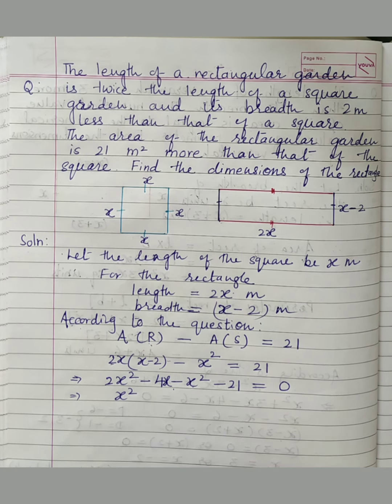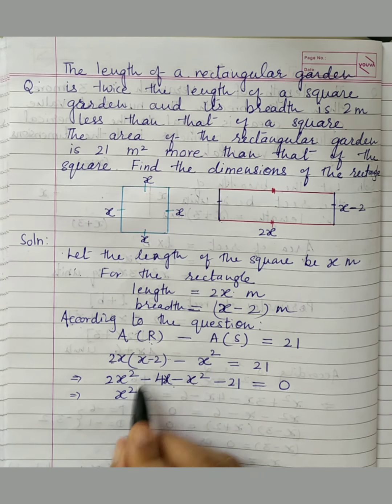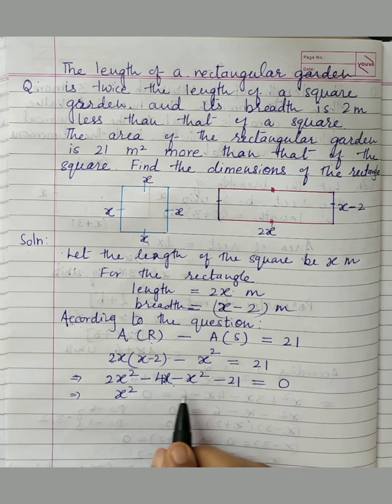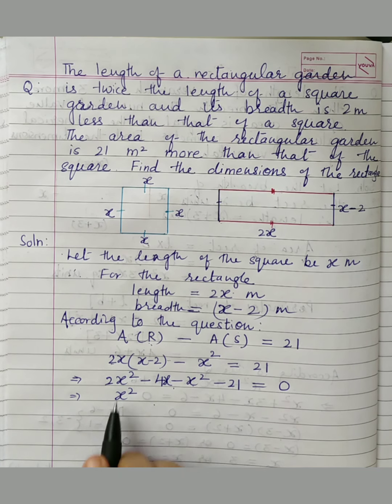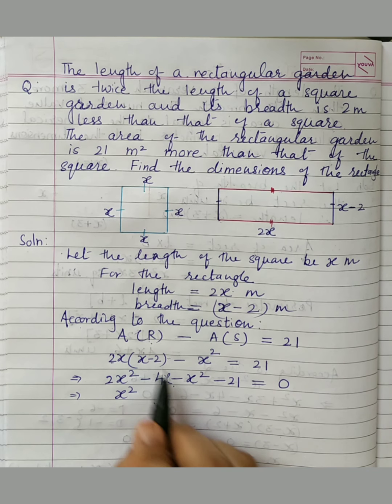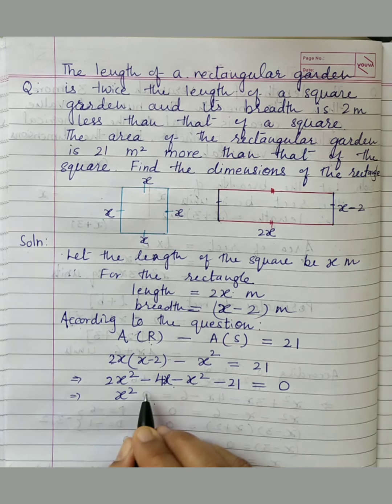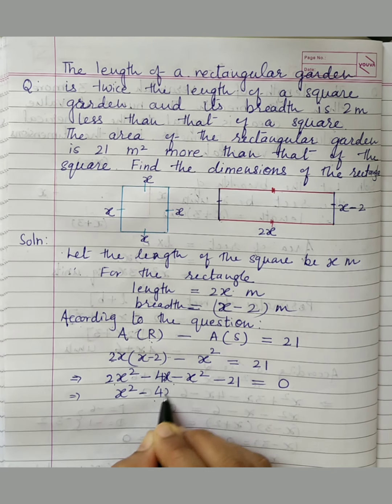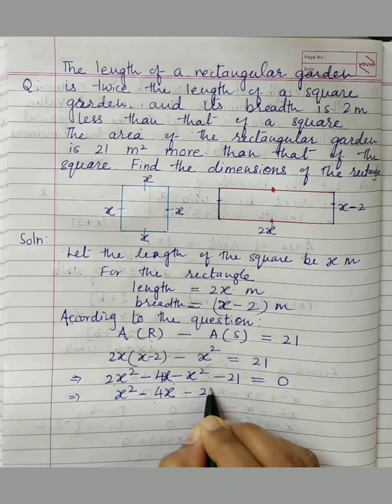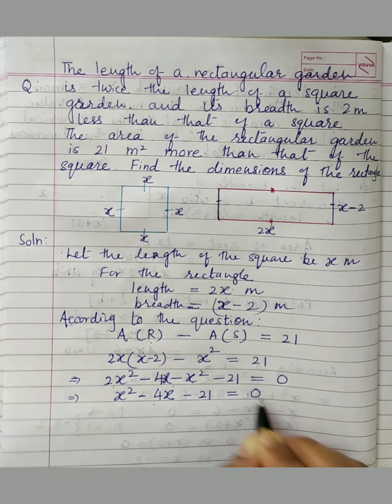What is needed is that you do it with full concentration. This is 2x into minus 2, it will become minus 4x. So x square minus 4x minus 21 equals 0.